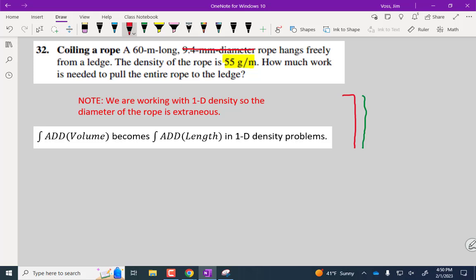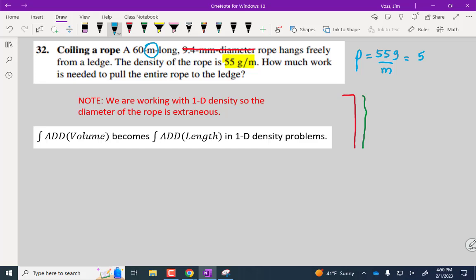So, let's look at the density: 55 grams per meter. We want to be dealing with newtons, so we want things in meters, not centimeters, or kilograms, not grams. So how many grams in a kilogram? 1,000. So we're going to divide this by 1,000.